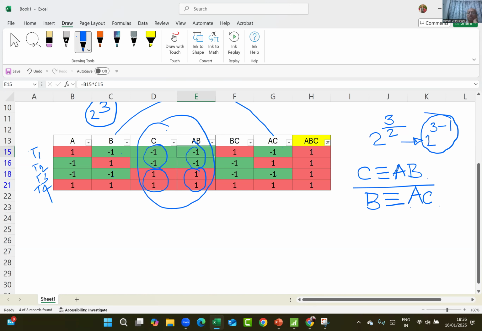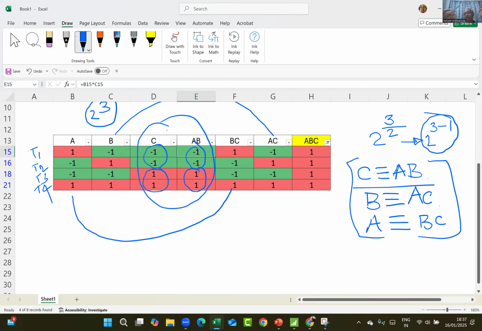I would say B is confounded with AC, or I cannot distinguish between B and AC. Similarly, A and BC, the signs are the same. So I would also say A is confounded with BC. And ABC, of course, we have already sacrificed because we decided not to get the effect of ABC, with the sparsity of effects principle.